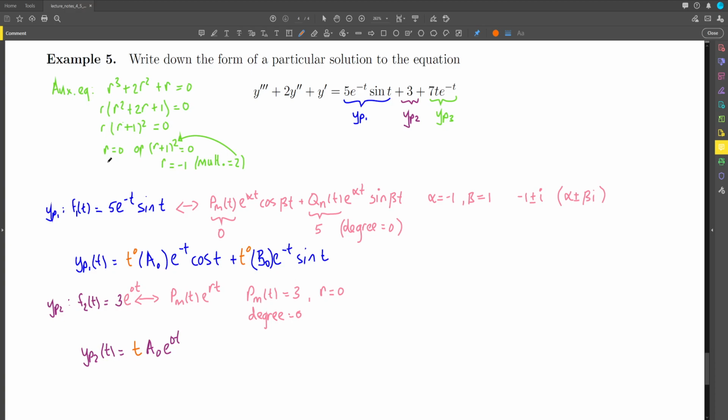And we see that that is part of the auxiliary equation. So that will be a t to the power 1. And if you then simplify that, that's going to be a naught t, and then e to the power 0t is just going to be a naught t.